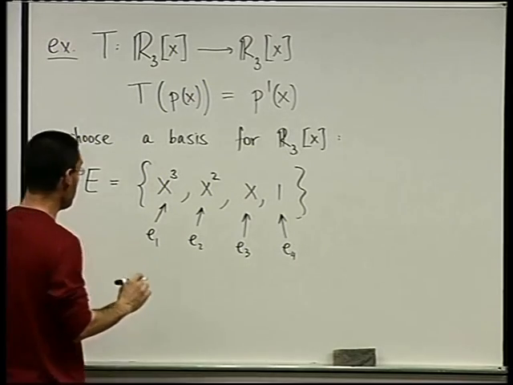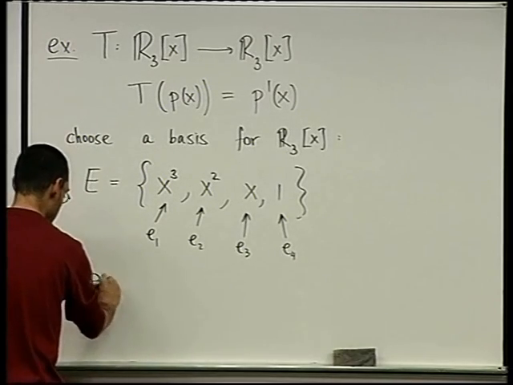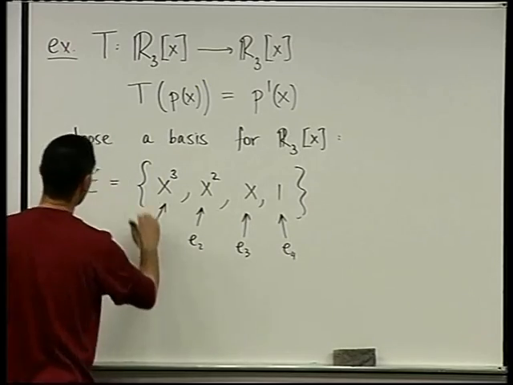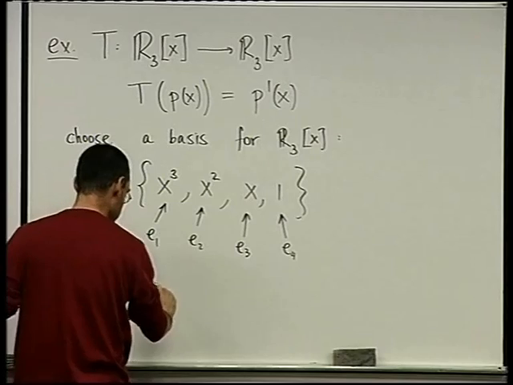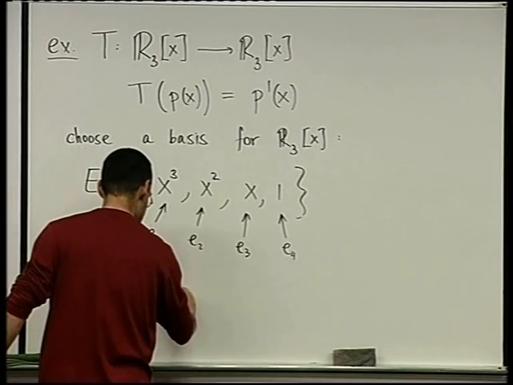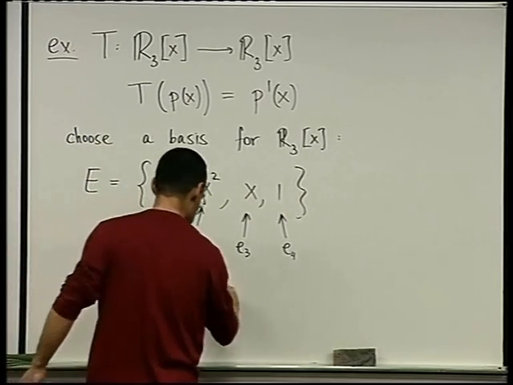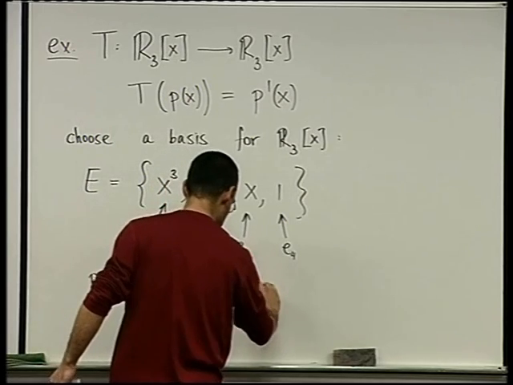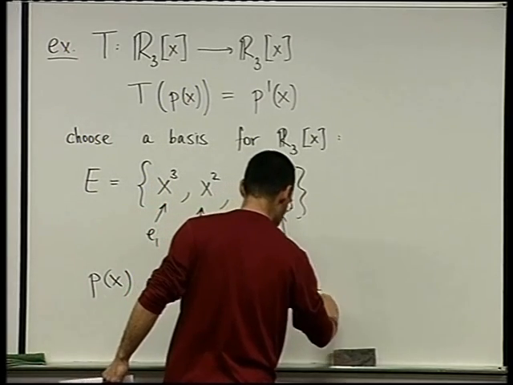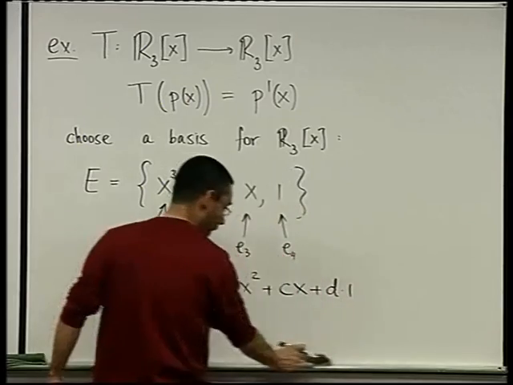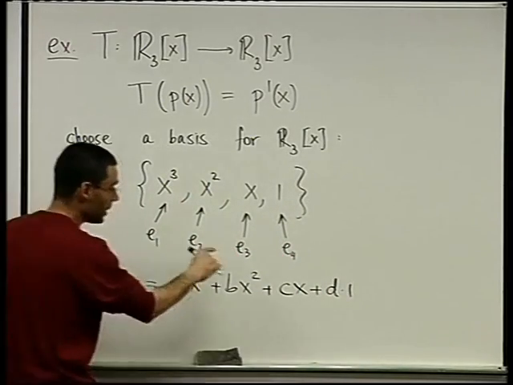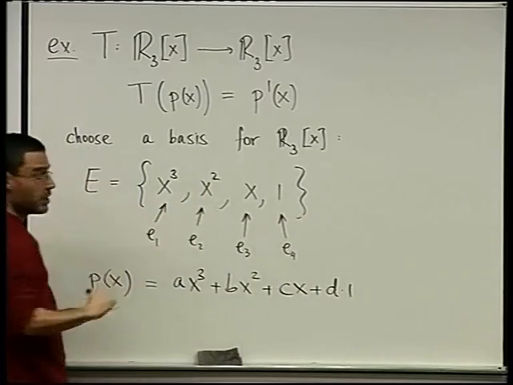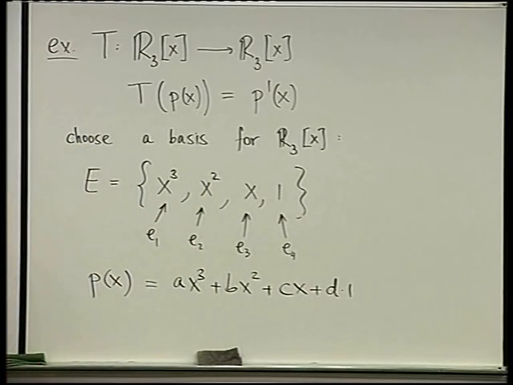Okay, so a general polynomial, p(x), a general polynomial in our vector space, in R3 of x, is of the form ax cubed plus bx squared plus cx plus d times 1, right? I'm emphasizing that it's not just plus d, but it's plus d times 1. It's a linear combination of the basis elements, right?